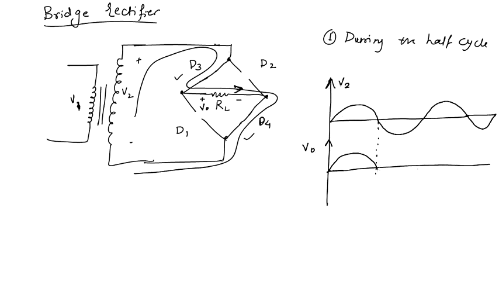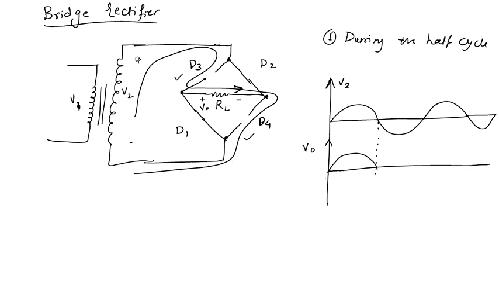Now during the negative half cycle, diodes D1 and D2 will be operating, while diodes D3 and D4 will be reverse biased.